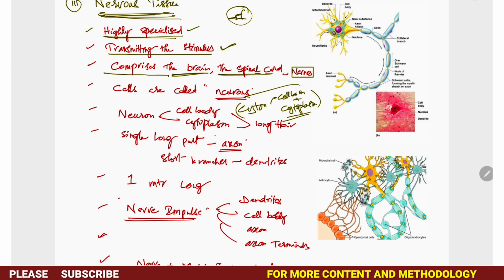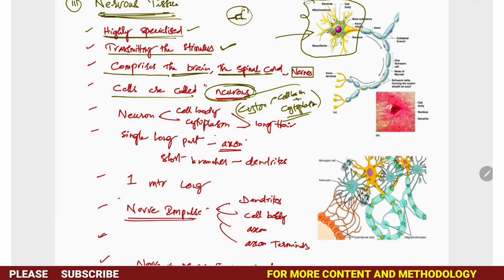In this tissue, cells are called, as we already know, neurons. You can see here the whole picture of the neuron. Every neuron has a cell body, and in the cell body there is a liquid substance called cytoplasm. Cell body plus cytoplasm is called cyton.